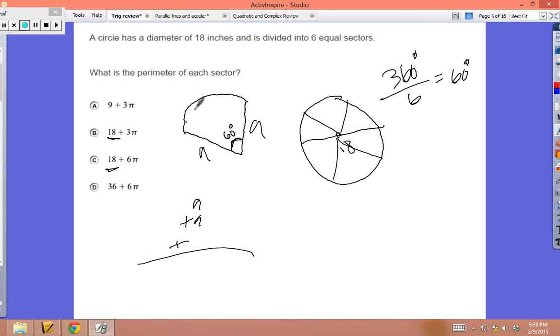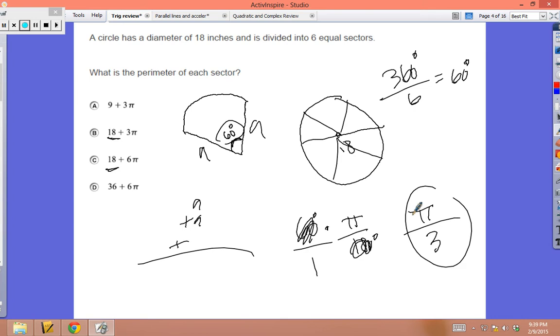And the arc length, you can use a proportion or you can change it to radians, because radians measures arc length. So I'm going to change this to radians. So 60 degrees, I'm going to times it by pi over 180 degrees, and that is going to simplify, 60 and 180, to pi over 3.